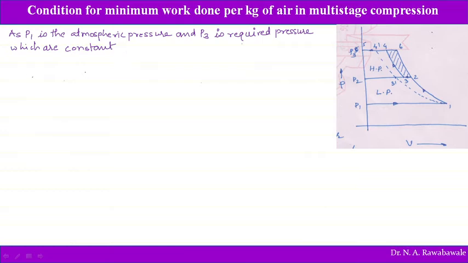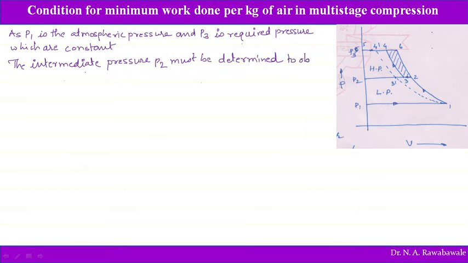So the intermediate pressure P2 must be determined to obtain minimum work per kg of air delivered.